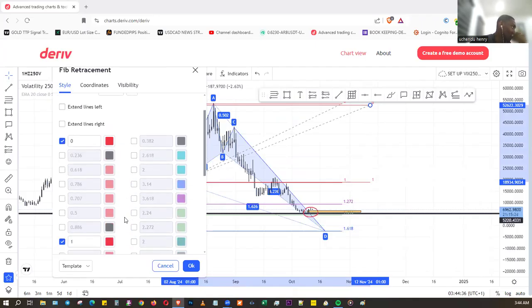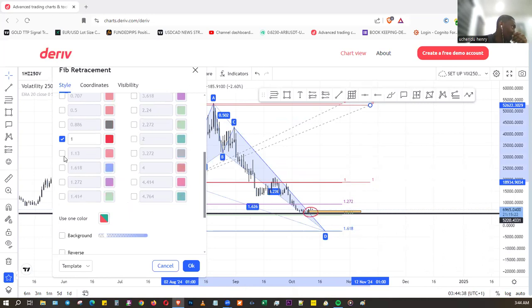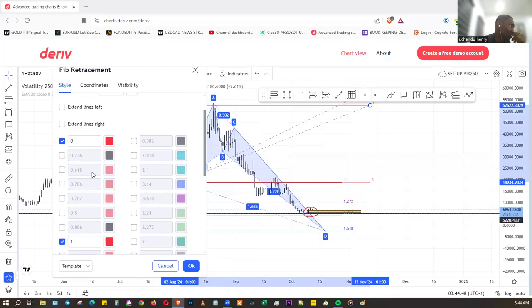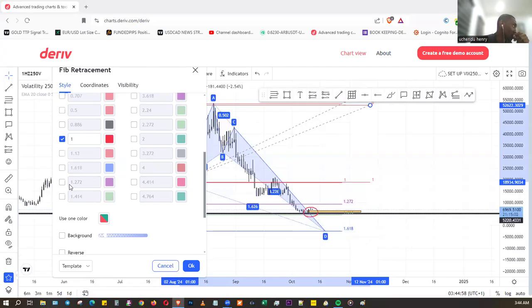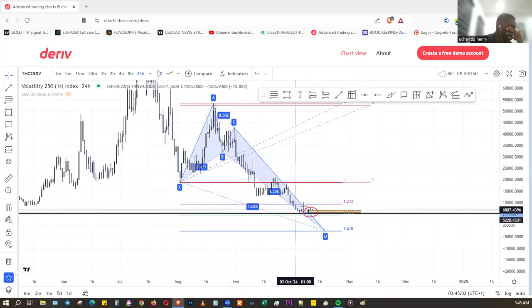So the only stop loss that can work here is 1.414, which is this. So what's the next ratio after 1.414? It is actually 1.618. But the stop loss will be very, very fast.